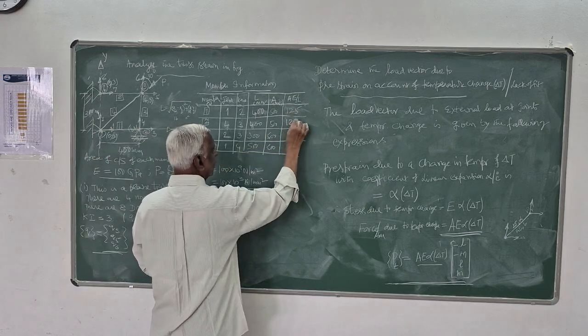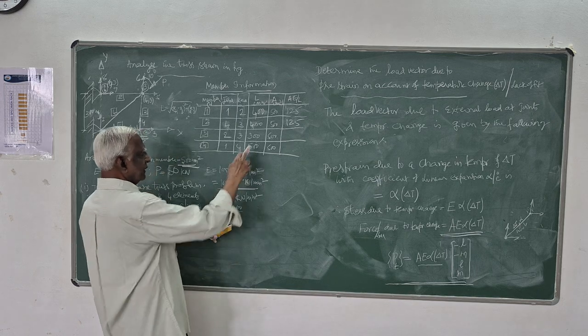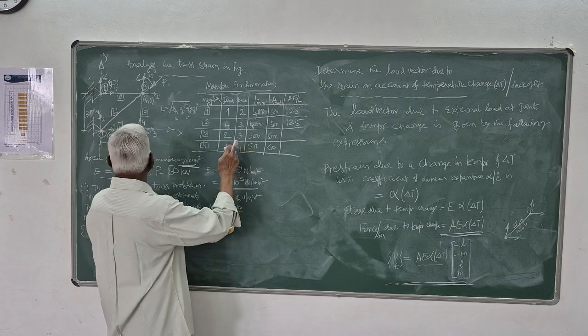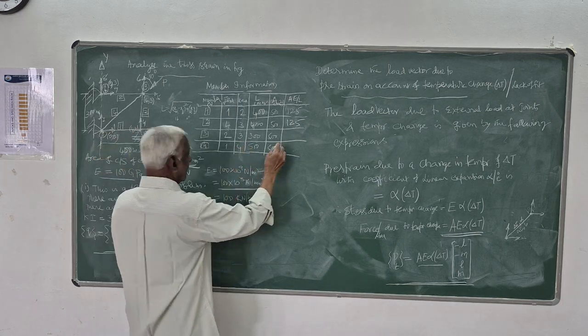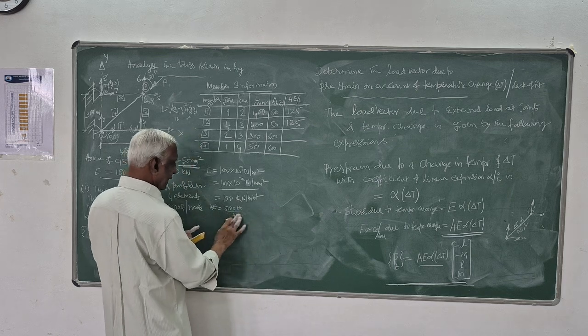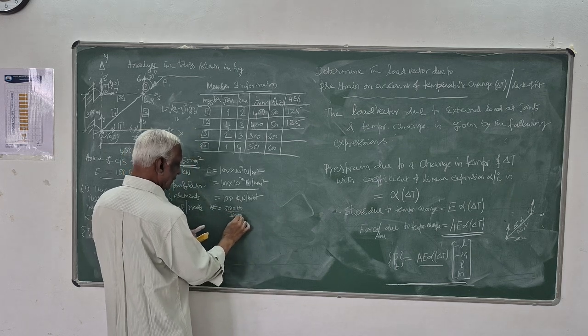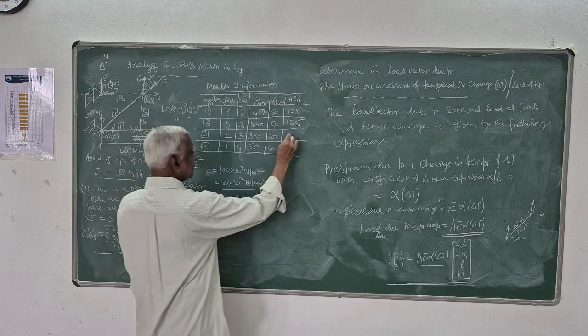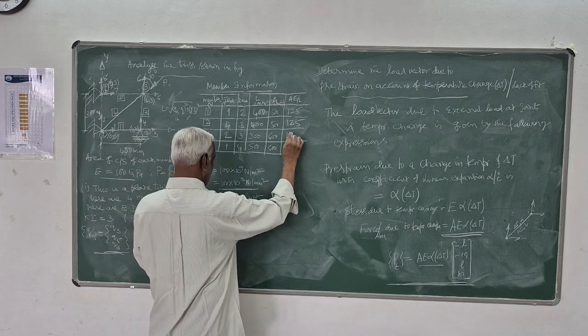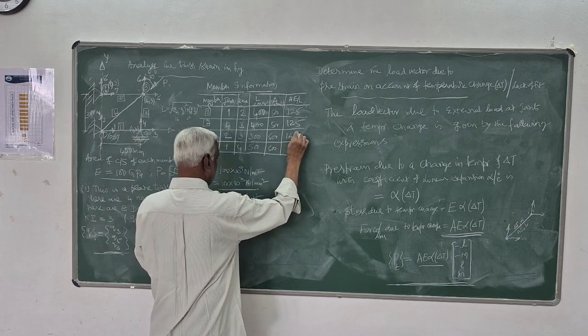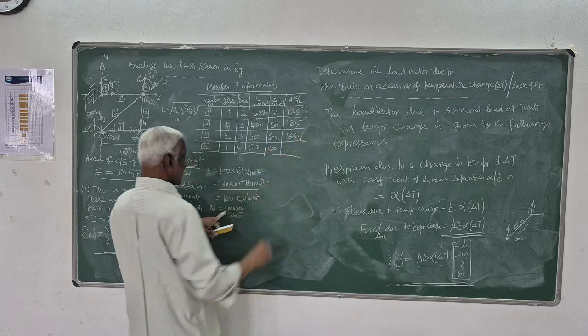For member 3, 500 into 100 by 300, that is 166.7.